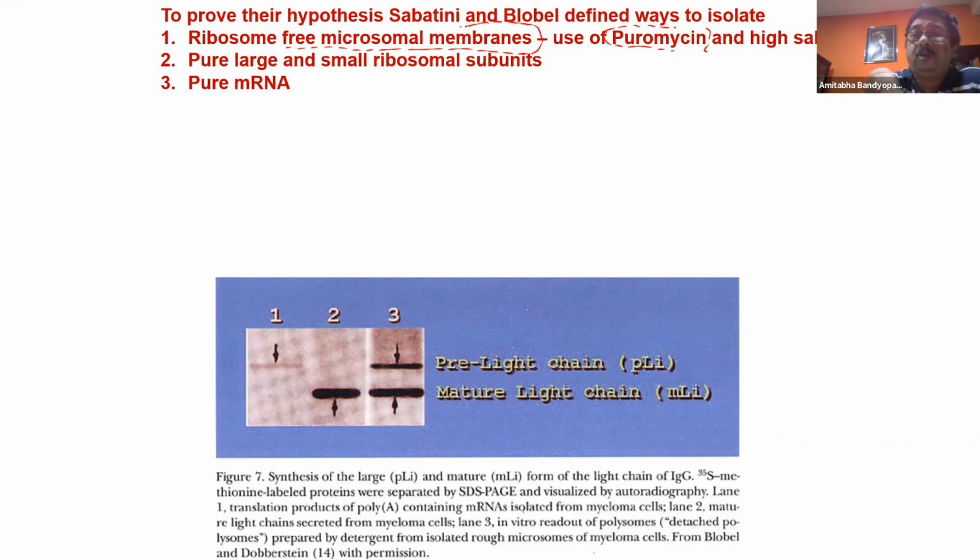You remember microsomal membranes are fragments of the ER. So he can free them up, and he could purify pure large and small ribosomal subunits. He could isolate pure mRNA. Of course, there is no molecular biology in those days, okay? Like no recombinant DNA technology, so he cannot make his own mRNA. He will use cell types where a particular mRNA is likely to be produced in a very high amount.